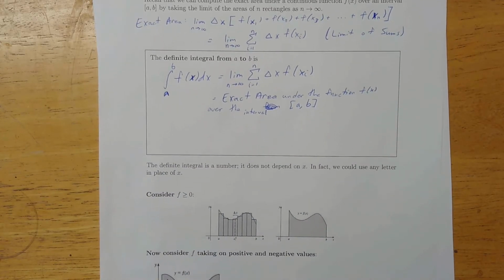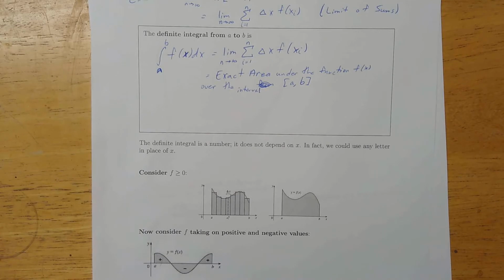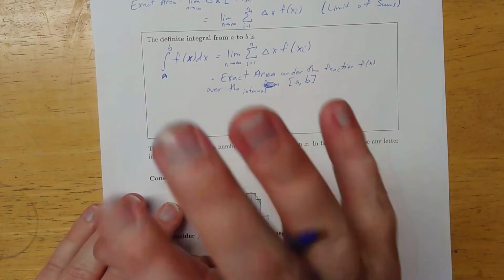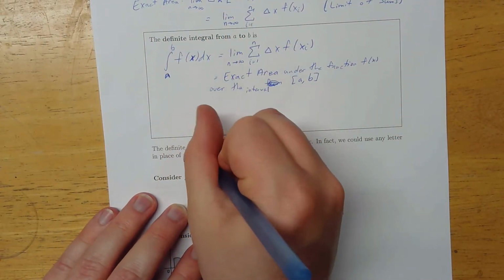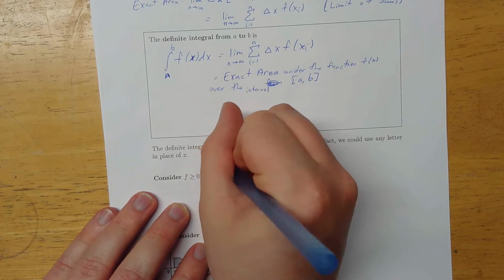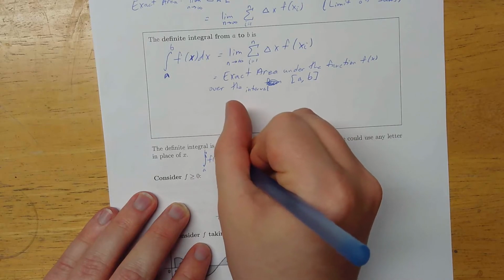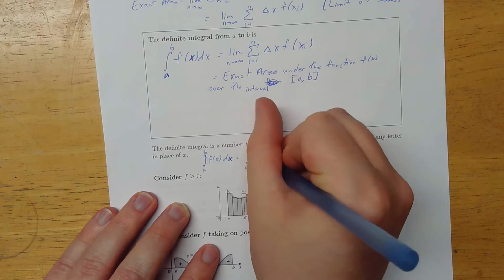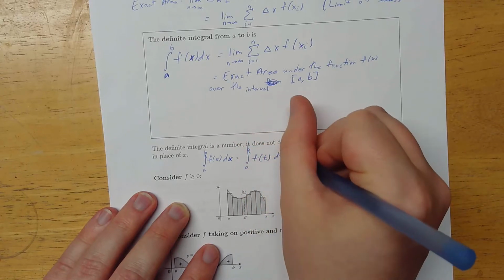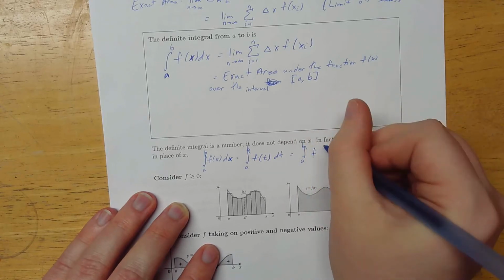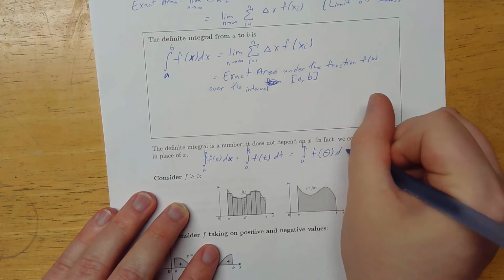Alright, so the definite integral is a number that does not depend on x. We could have used any letter in place of x if we wanted to. Like I just said, it's a bit of a placeholder. So the integral from a to b of f of x dx is the exact same as the integral from a to b of f of t dt, which is the exact same as the integral from a to b of, say, f of theta d theta.